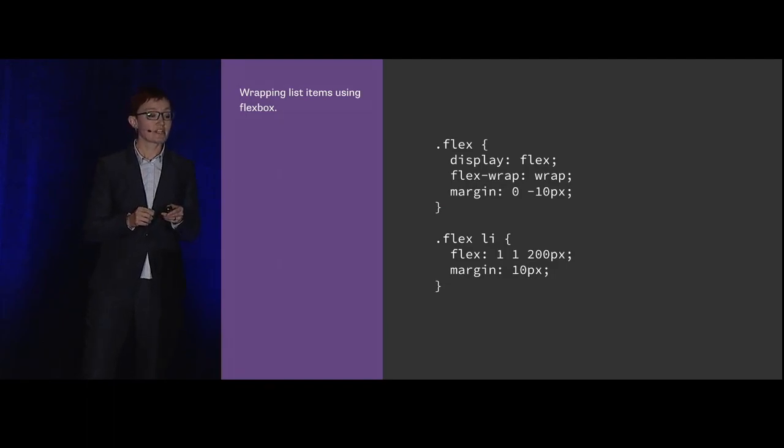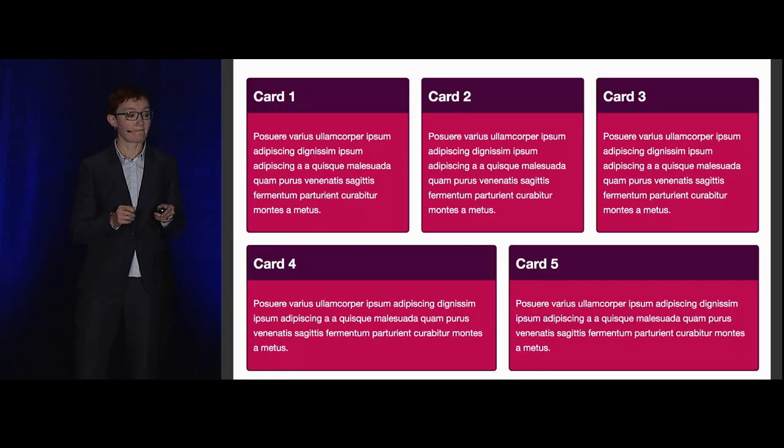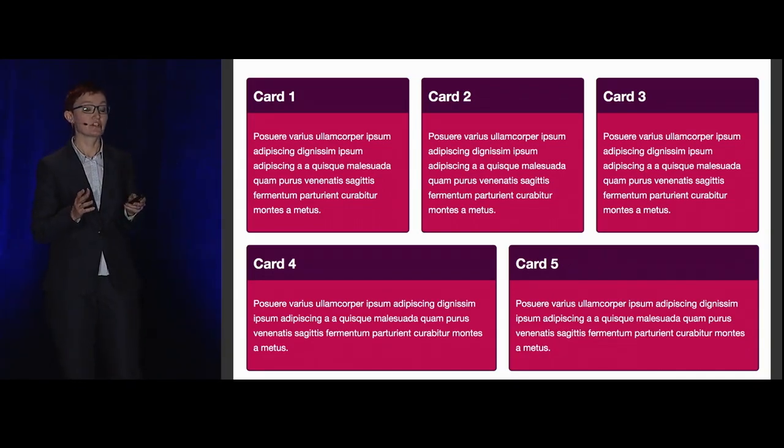So here I've got a set of items that are using Flexbox. My flex-basis here is 200 pixels, and the items can grow and shrink. And that gives us this. So I've got too many items to fit into my row there at 200 pixels.